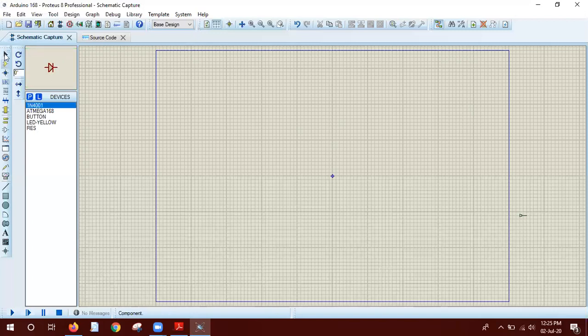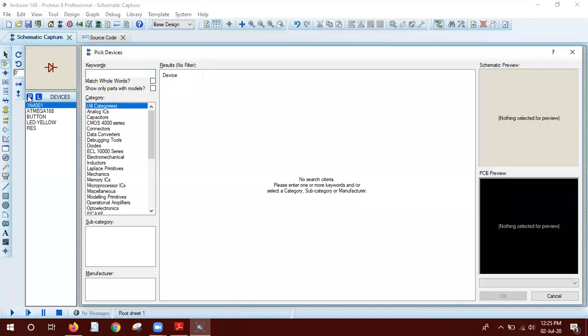In the second terminal, this is the component mode. So we need to click that, and in the P we get the components. Here in the keyword we always pick device. We always search for the component name. So first of all, our basic need was the diode 1N4007.